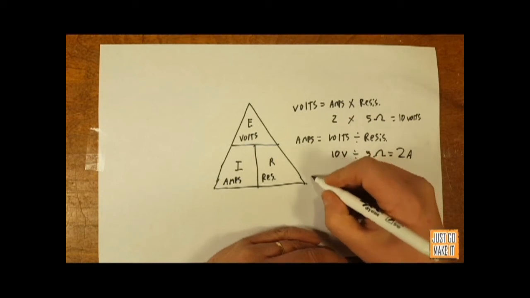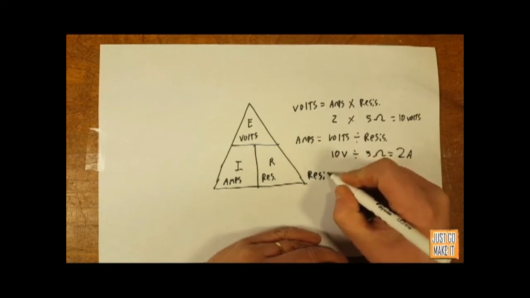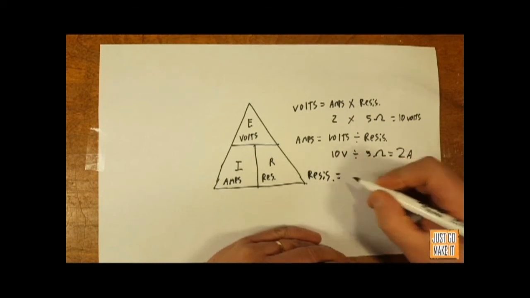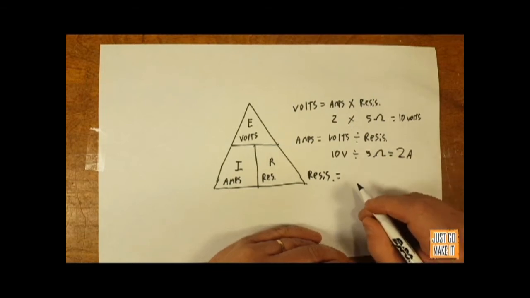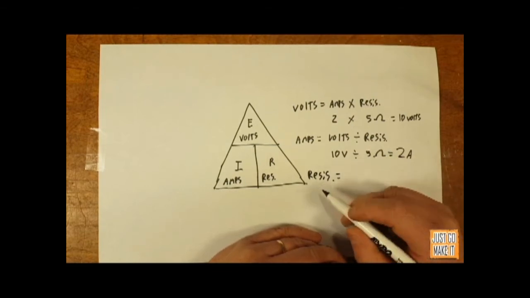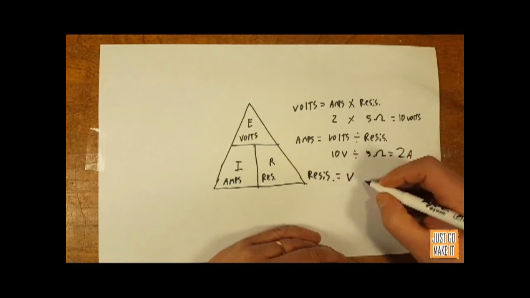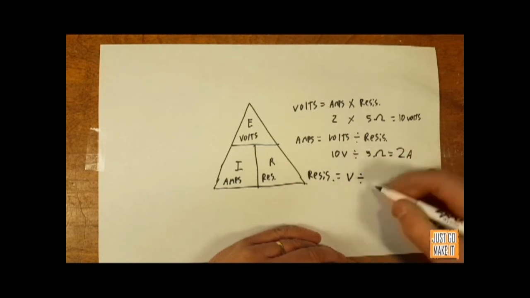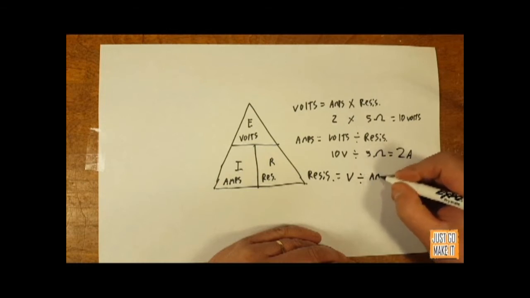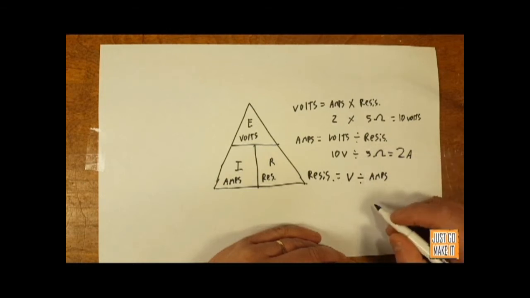Now to figure out the resistance, it's just the opposite of this. To figure out your resistance, you take your volts and divide that by the amps.